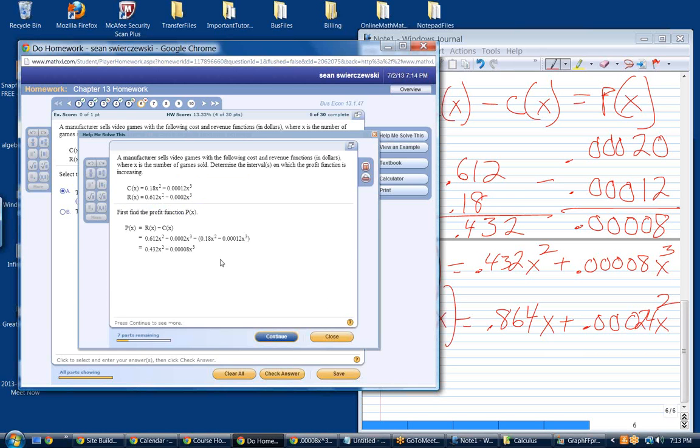It takes you through it, and you can see what they want you to answer. Okay, so we got this. There was the profit function. Now find p prime of x. Okay, we did that. Am I supposed to type in there? Yeah, they want you to plug it in.